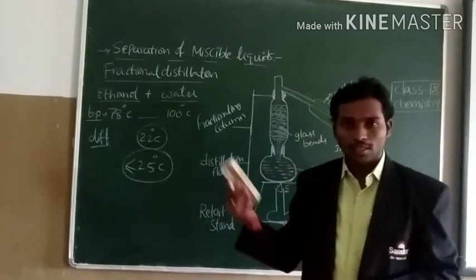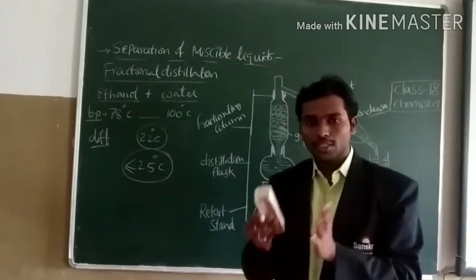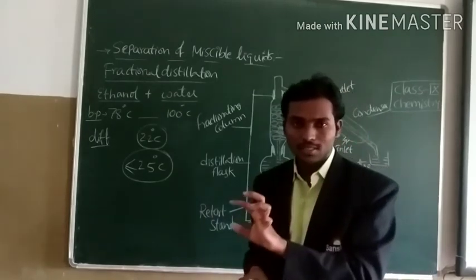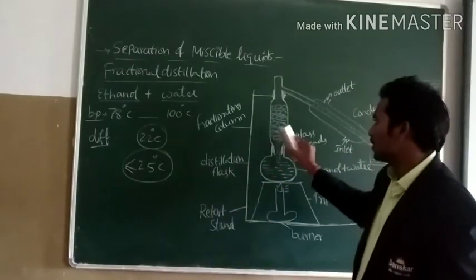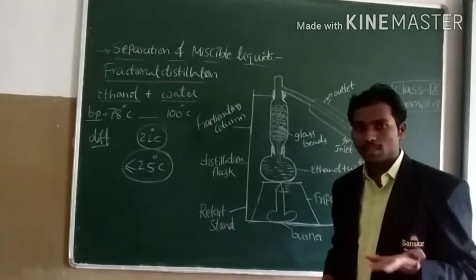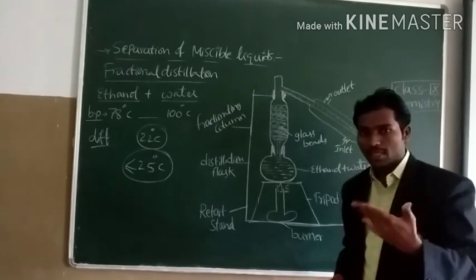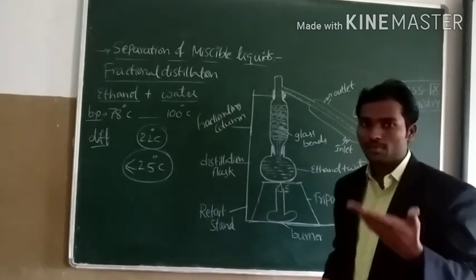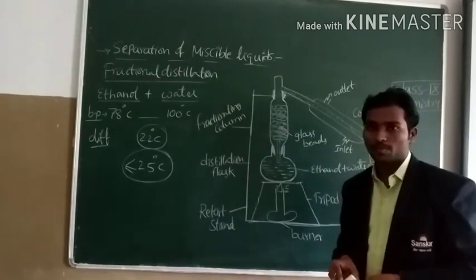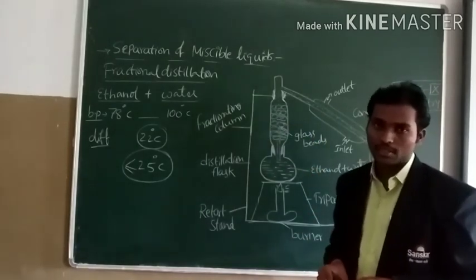The experimental arrangement in both techniques is the same, but in fractional distillation we use a fractionating column, because it is made up of glass beads which provide a number of free surfaces which increase the rate of evaporation. That's why we prefer a fractionating column in fractional distillation.